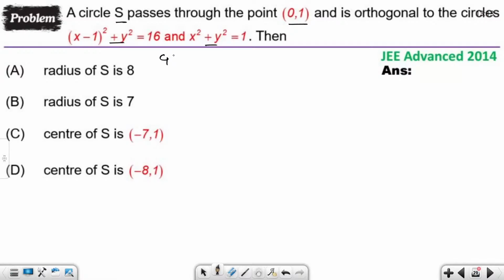Let me write the first circle as (x minus 1) whole square plus y square is 16. Let me just expand it: x square minus 2x plus 1 plus y square minus 16 is 0.